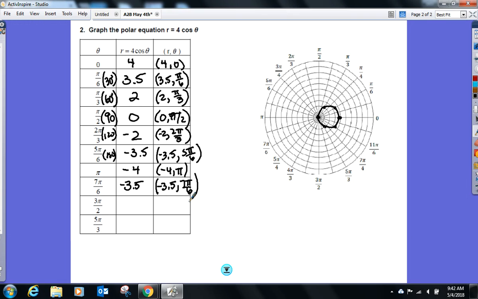3 pi over 2. Be careful here. Be careful. 3 pi over 2. What are you getting for your r value of 3 pi over 2? Should be getting 0, right? 0?